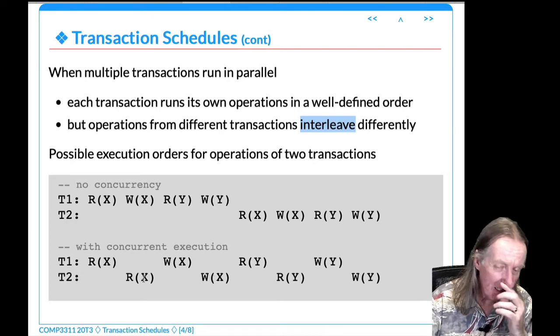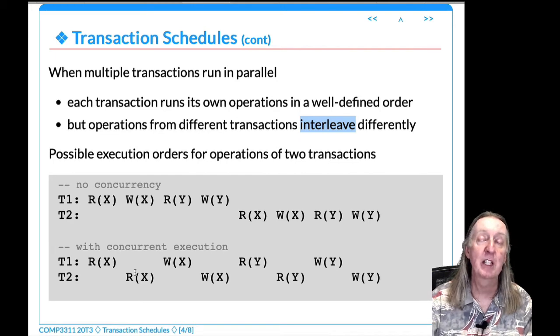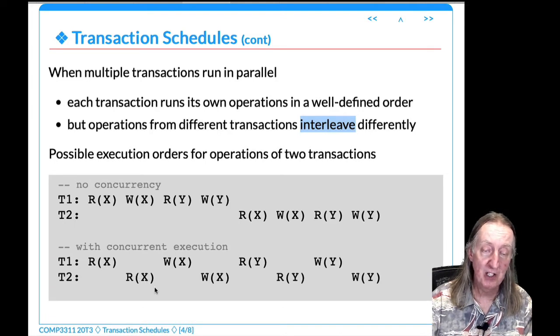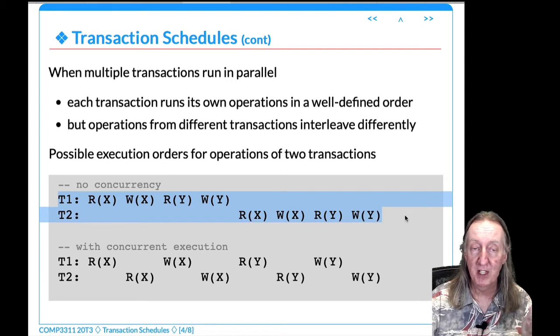Now remember that when we do a read, we copy the data objects into the transaction's local memory, where we may make changes to it. So here, both of these transactions are reading the same tuple, and they're both making changes to that tuple. Some of these orders of operation don't cause any problem at all.